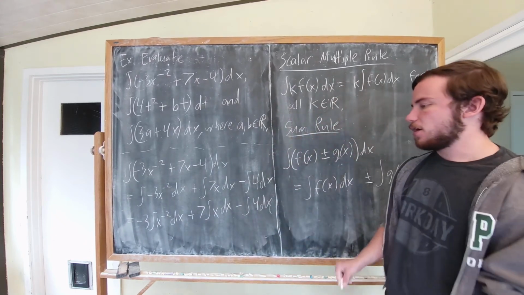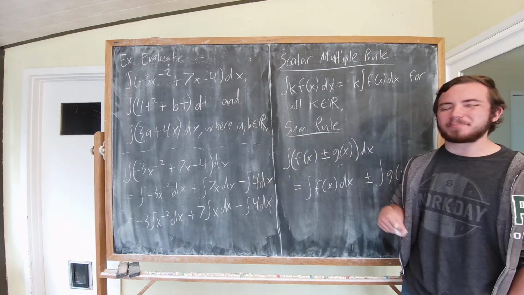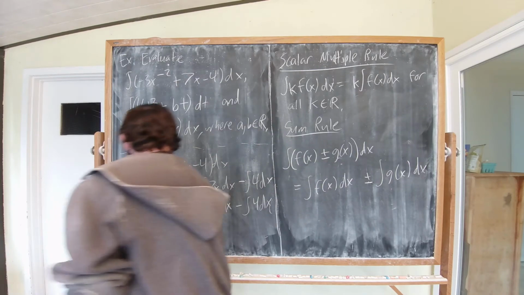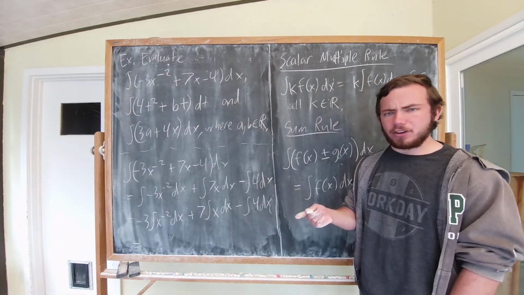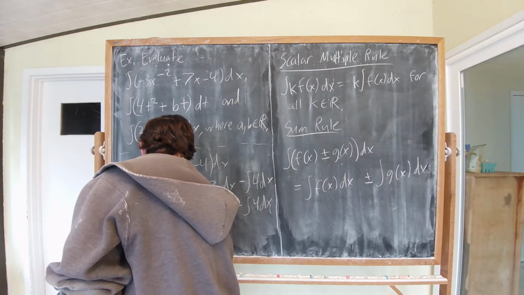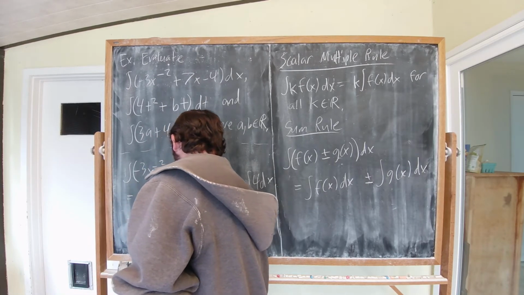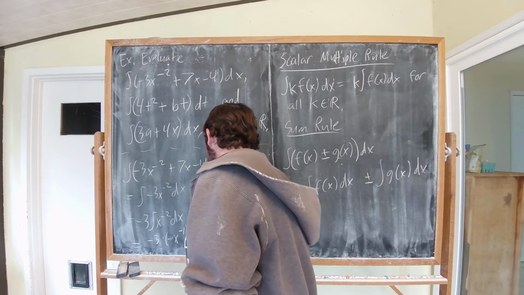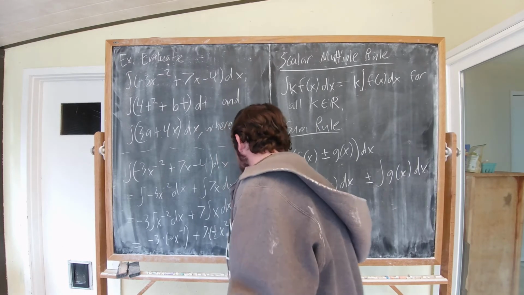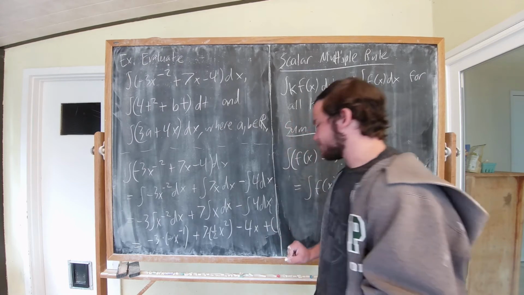Alright, and now the power rule says you can just straight up evaluate all those. Power rule says, hey, you know how to evaluate all those. You should do this on your own to make sure that you're getting it, but it should give you negative 3 times negative 1, so negative x to the negative first, plus 7 times 1/2 x squared minus 4x plus c.